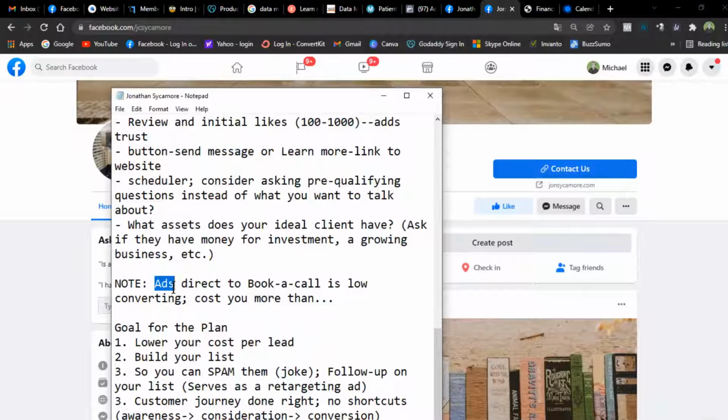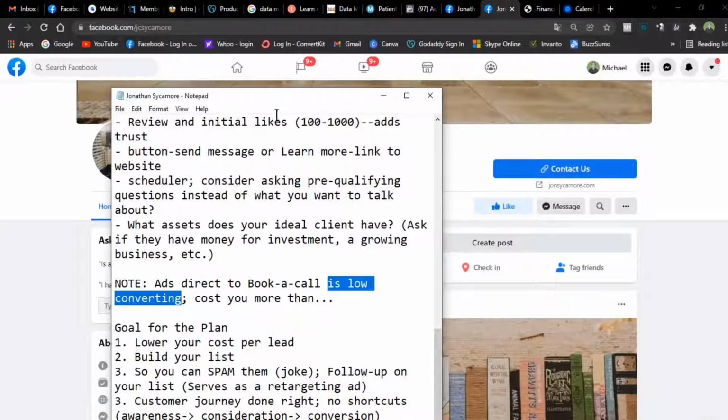Now, what you did is your ads are direct to book a call, which in my opinion is a very low converting strategy, because you are asking people to basically have a date with you.